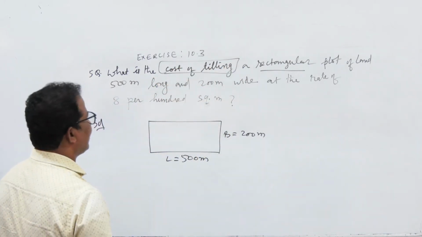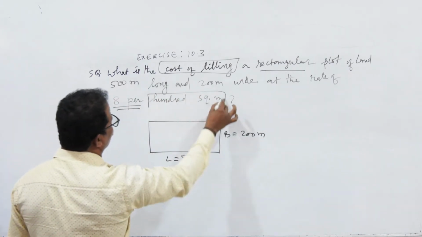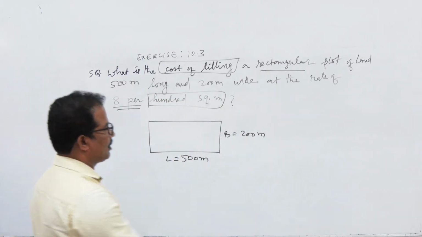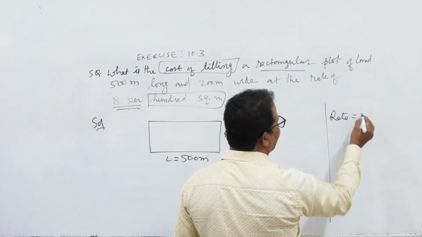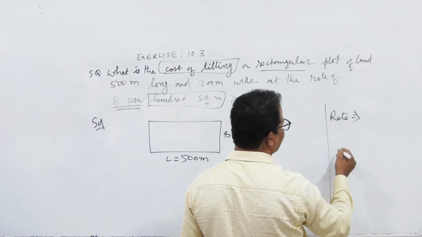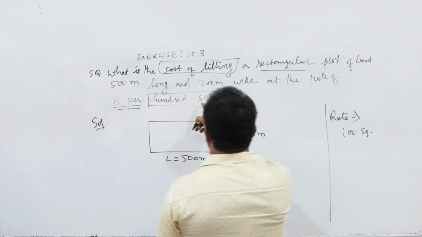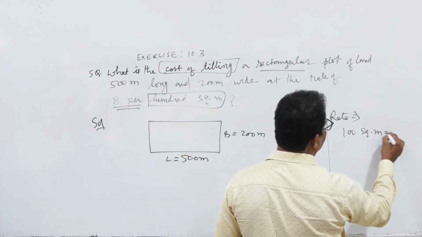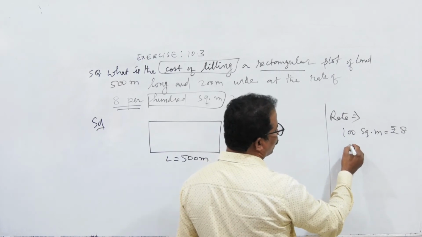Understand? So for that the rate is already given at the rate of 8 per 100 square meter. See here, the rate is for 100 square meter it is rupees what? 8. So we need to find for 1 square meter.